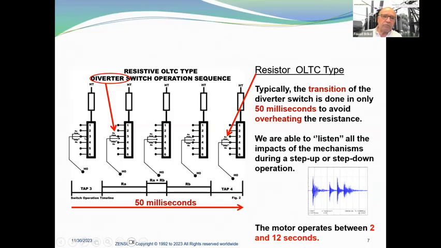And here we're doing a step up from tap 3 to tap 4. And here you have all the seconds. And of course, if the timing is long, we are in trouble. If it's less, well, it's not so bad. The motor operates between 2 and 12 seconds.